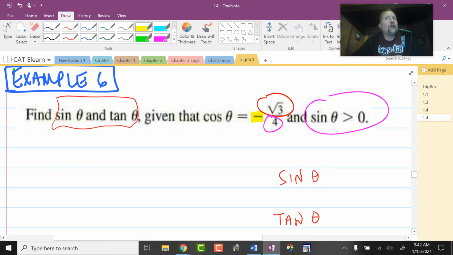What quadrant is cosine of theta going to equal a negative ratio? What quadrants are possible where cosine of theta is a negative ratio? 5, 4, 3, 2, 1.